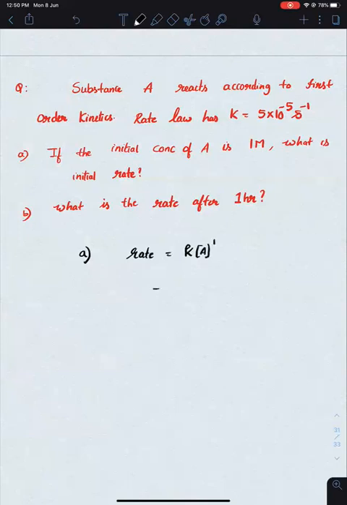They are asking the initial rate. They have given you K as well as initial concentration. So substitute that: 5 into 10 power minus 5 second inverse into concentration of A is 1 mole per liter. So this is nothing but 5 into 10 raised to minus 5 mole liter inverse second inverse.